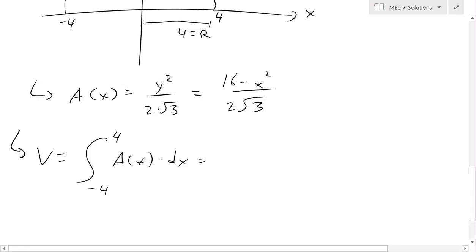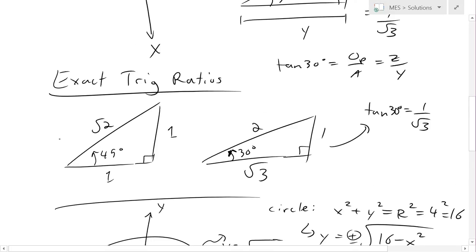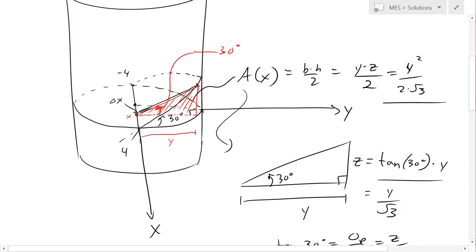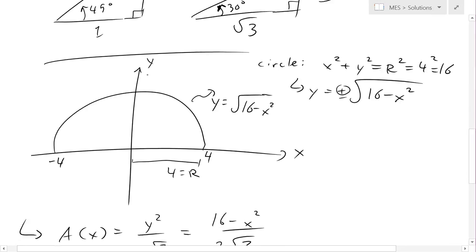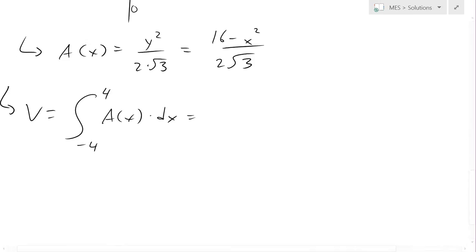And now this equals, also because when we look at this, this is just symmetrical about the origin, about this y-axis right here. It's symmetrical about it. So we could just basically solve from 0 to 4 and just multiply by 2. So the volume will be the same thing because it's the same on both sides. So we'll go 2 times the integral from 0 to 4 of A of x dx.